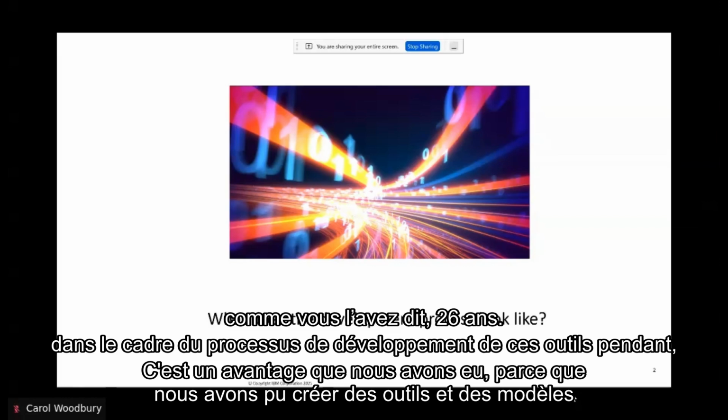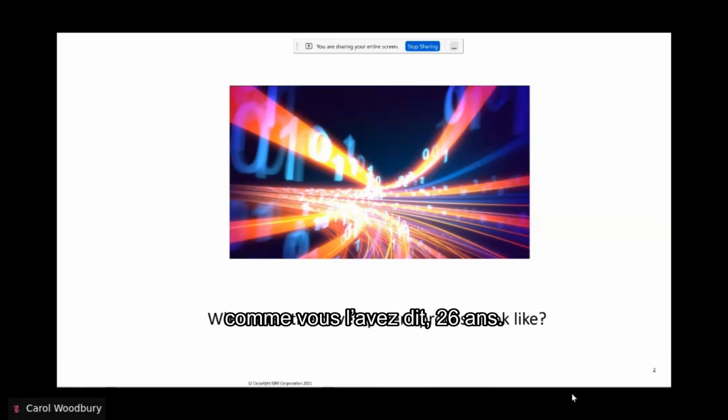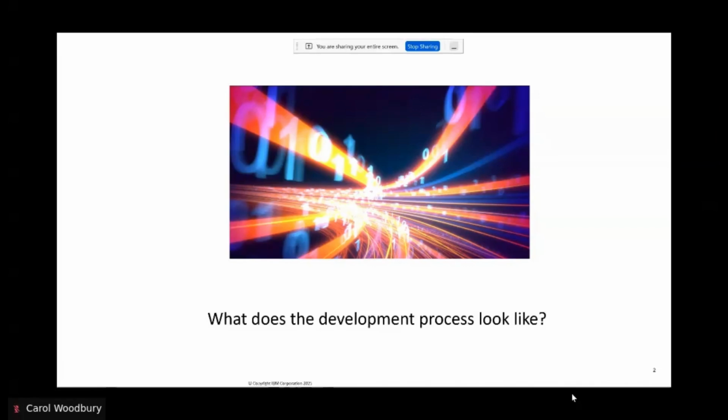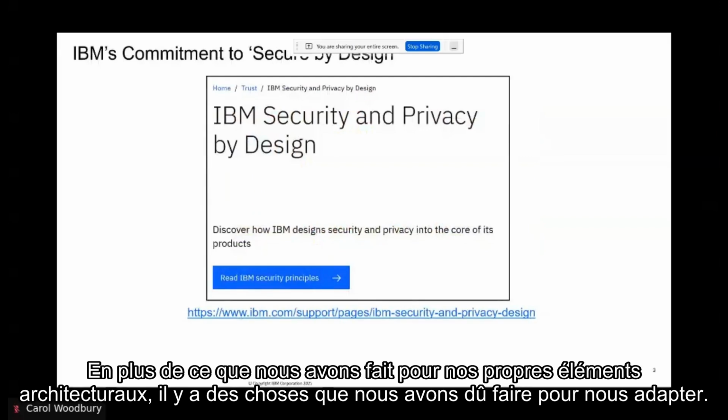But there's also the case that IBM and the industry have placed new requirements on software that is being developed and sold to businesses. And so, in addition to what we've done for our own architectural elements, there are things that we have had to do to fit in.